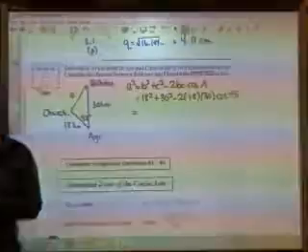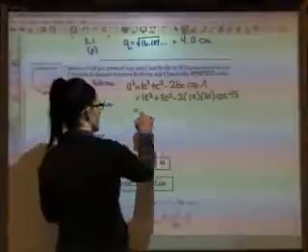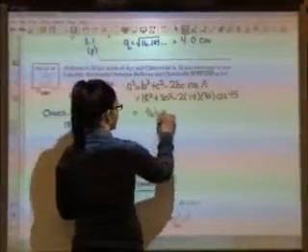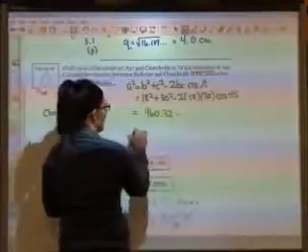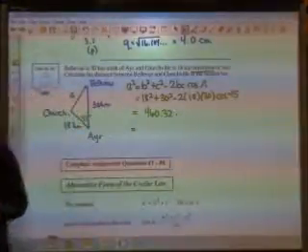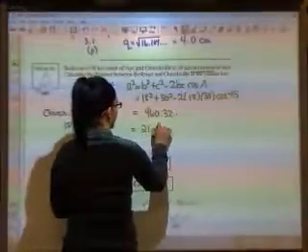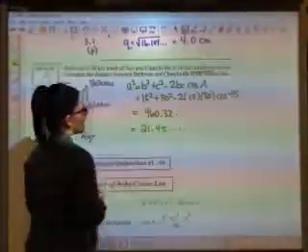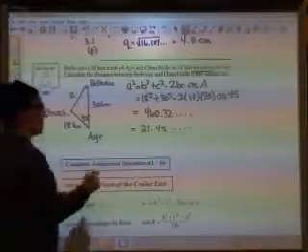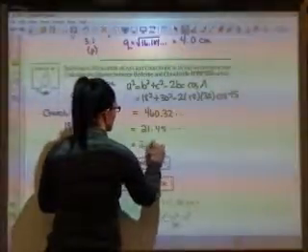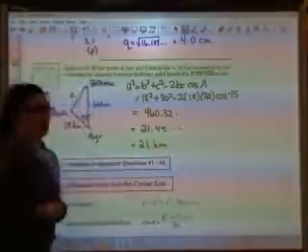When I put that into the calculator, I get 460.32. And when I take the square root of that number, I get 21.45, on and on. So to the nearest kilometer, this would be 21 kilometers.